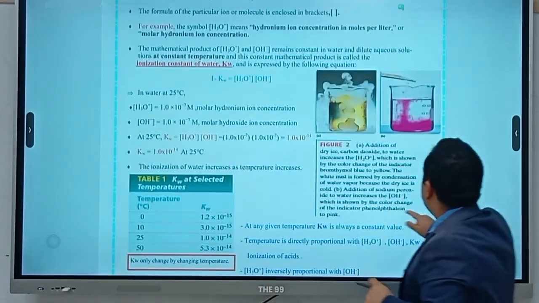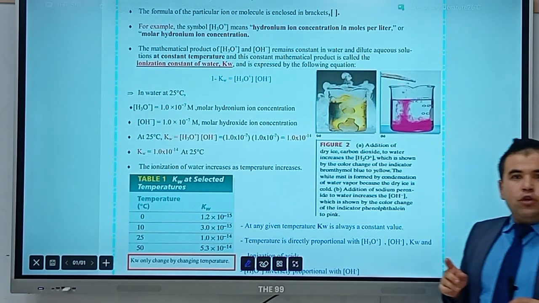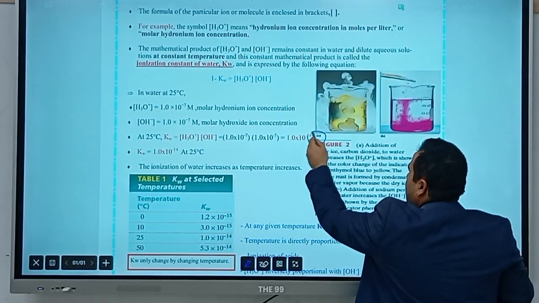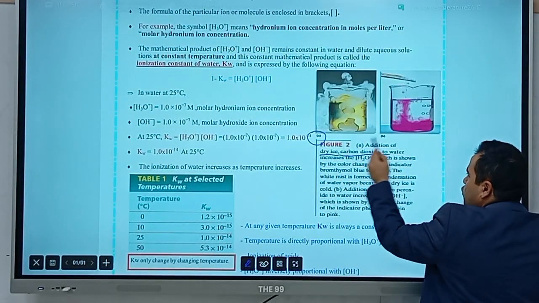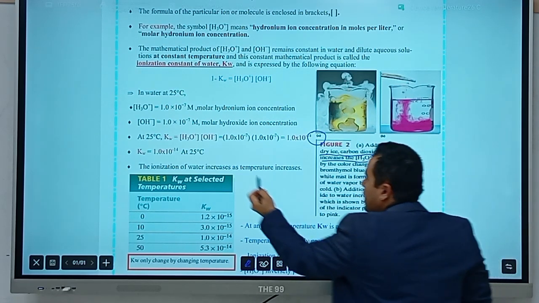Here we have figure 2, guys. It's about the dry ice and sodium peroxide. In part A, it stated that the addition of dry ice, carbon dioxide, to water increased the hydronium. How did it increase the hydronium?